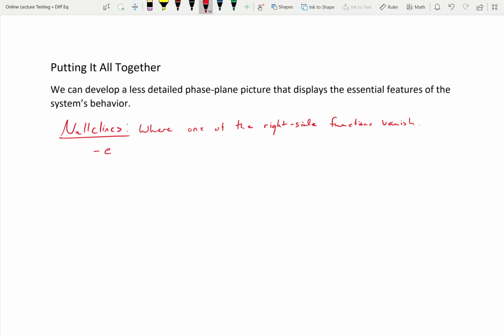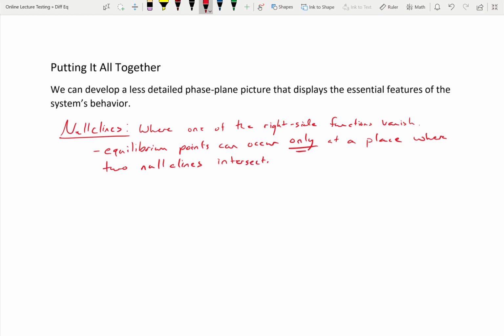So the cool thing is equilibrium points can occur only, I'm going to underline that, at a place where two null clines intersect. The key word is can occur. So not every intersection point leads to an equilibrium point. So be careful of that. So I'm going to underline can as well, just to emphasize this.